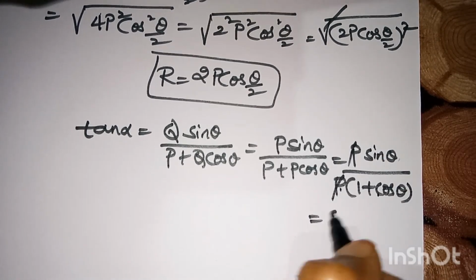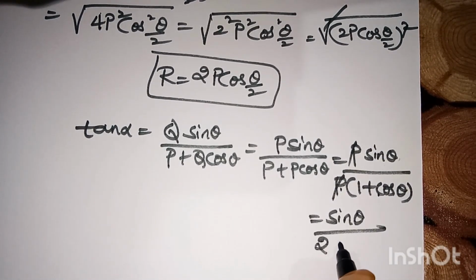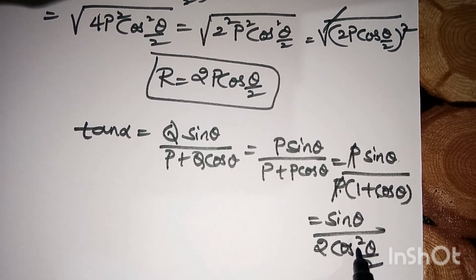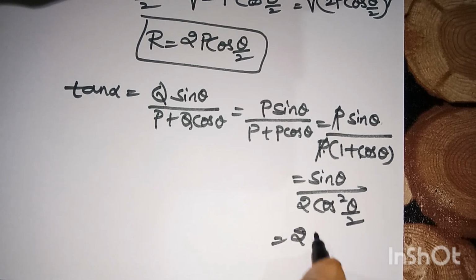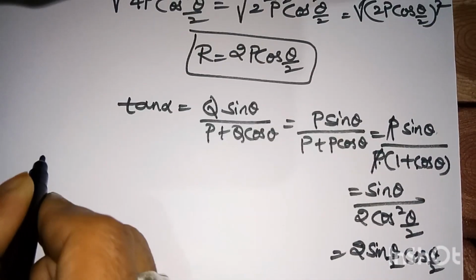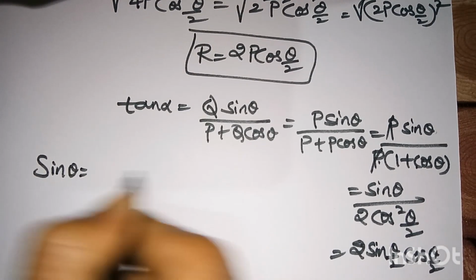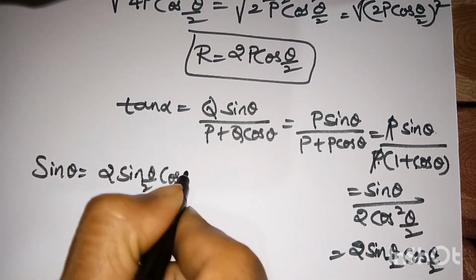P will be cancelled. Sin theta by 1 plus cos theta: the denominator is 2 cos square theta by 2. So sin theta can be written as 2 sin theta by 2 cos theta by 2. Just remember that sin theta can be written as 2 sin theta by 2 cos theta by 2.